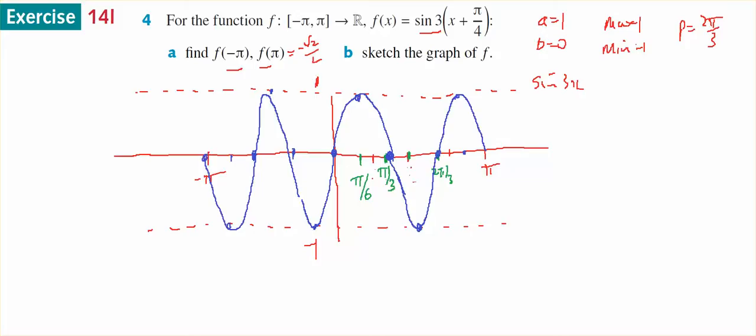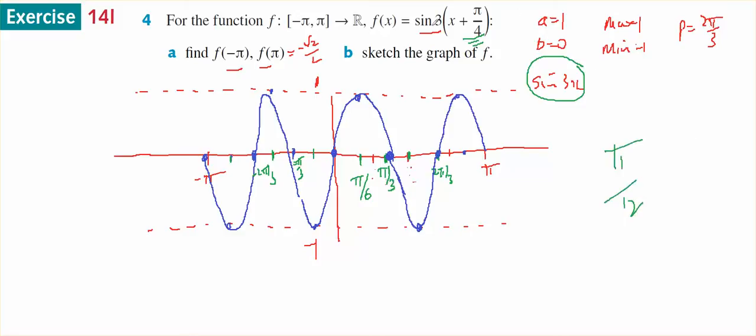So, going back to green, so I have some consistency. It's going to be pi on 6. It's going to be negative pi on 3, another pi on 6, negative 2 pi on 3, another pi on 6. Okay, so here's my curve of sine of 3x. I need to move it to the left pi on 4, and I have these pi on 6s, therefore I need pi on 12.